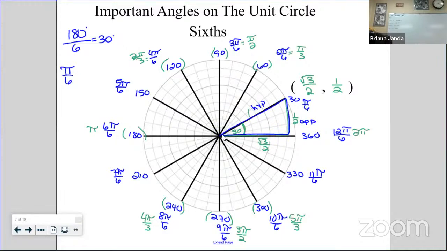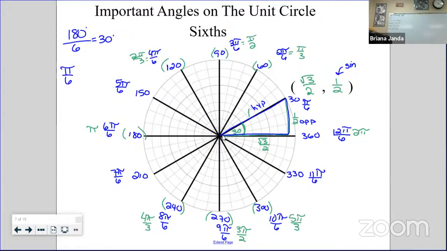But do you see what the hypotenuse is? 1. So when I do my opposite over the hypotenuse, dividing by 1 is not going to change anything, and it ends up being that my sine is my opposite side, which will always be your y. And so what we're going to find out is our sine is always our y value in that ordered pair.